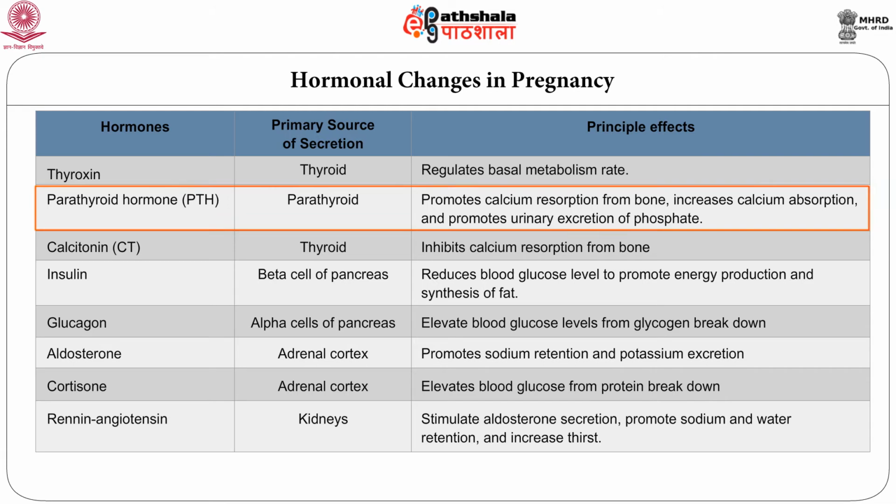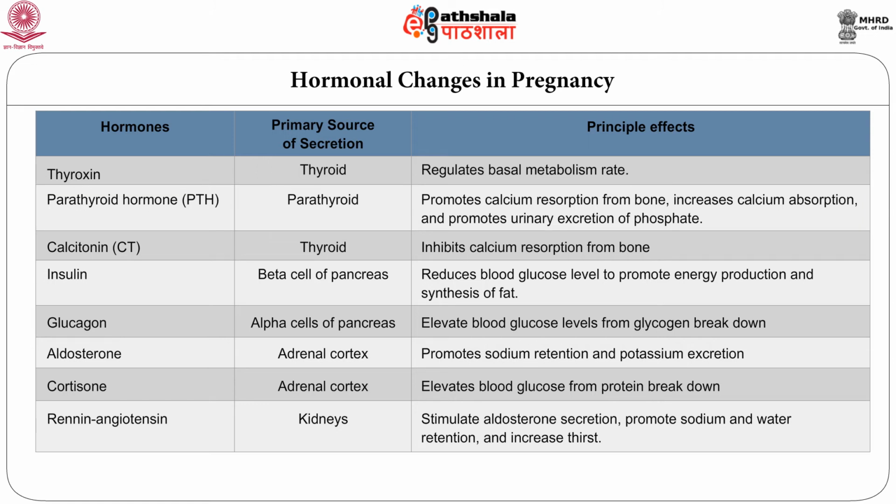The PTH, that is the parathyroid hormone, secreted from parathyroid, promotes calcium resorption from bone, increases calcium absorption and promotes urinary excretion of phosphate. The calcitonin, which is secreted in thyroid, inhibits calcium resorption from bone.